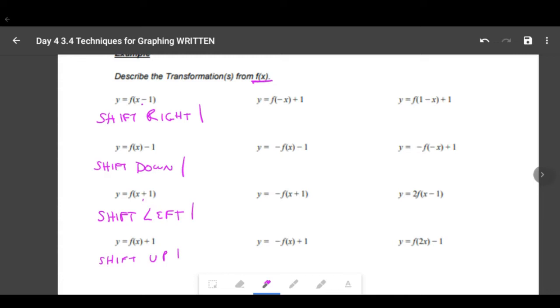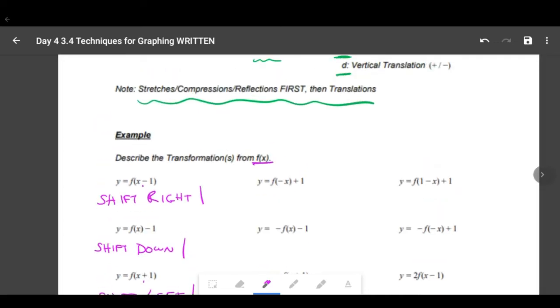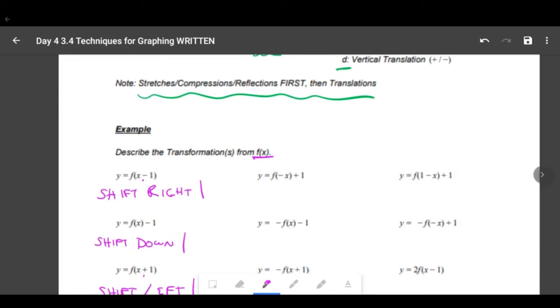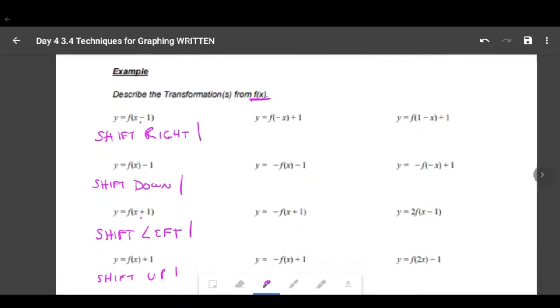All right, so now the next column is going to put a couple of these together. As we said earlier, stretches, compressions, and reflections go first, so I'm just going to identify those first. I have this negative that's inside here. That's just a reflection, and when it's on the inside, hopefully you remember, or you can look up above, reflect over the y-axis.